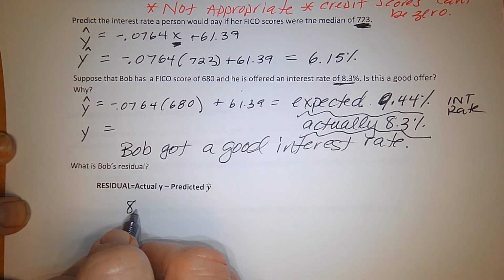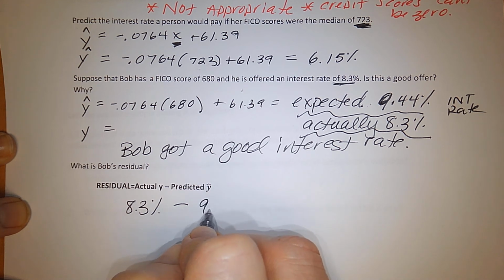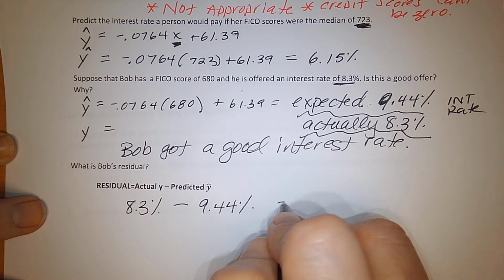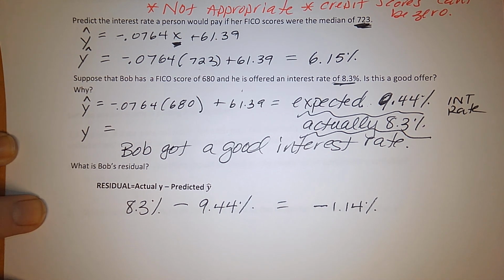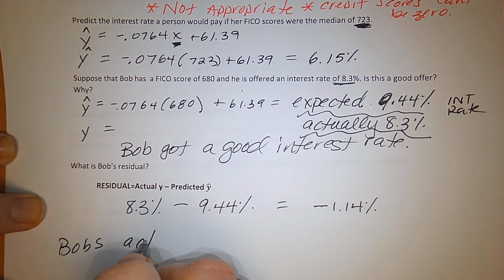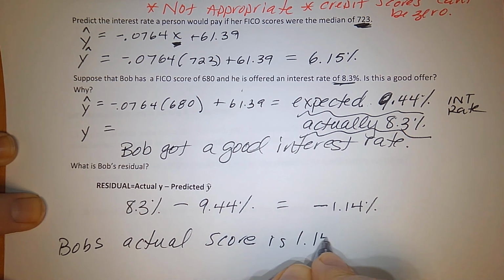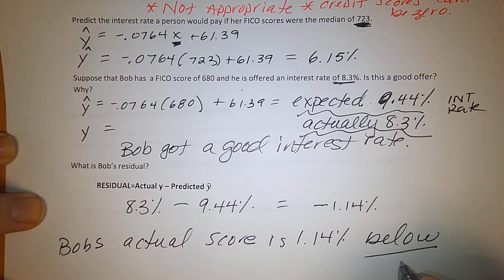In this case, Bob got an 8.3%, and we minus the predicted value of 9.44. So this particular residual is going to be negative because he's below the predicted regression line, and we would state that Bob's actual score is 1.14% below expected.